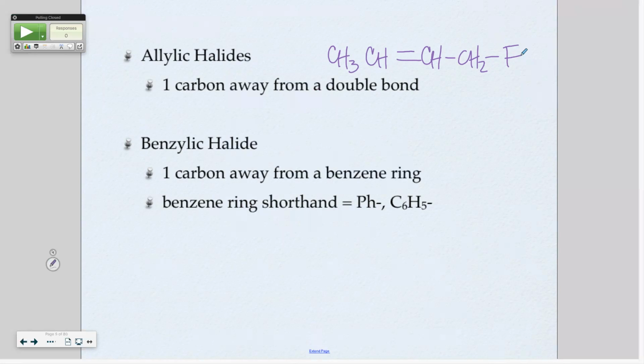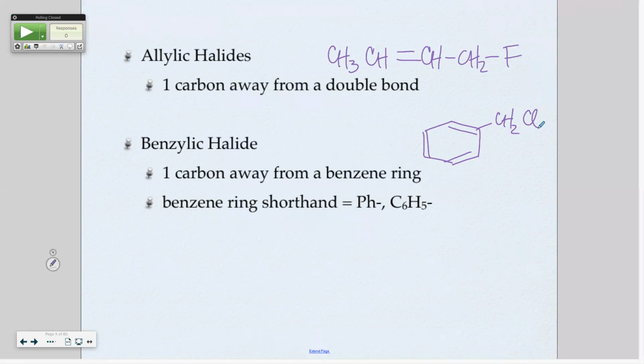And a benzylic halide is one carbon away from a benzene ring. Notice it's on a carbon next to a benzene ring, which are going to be important. You'll see why coming up.